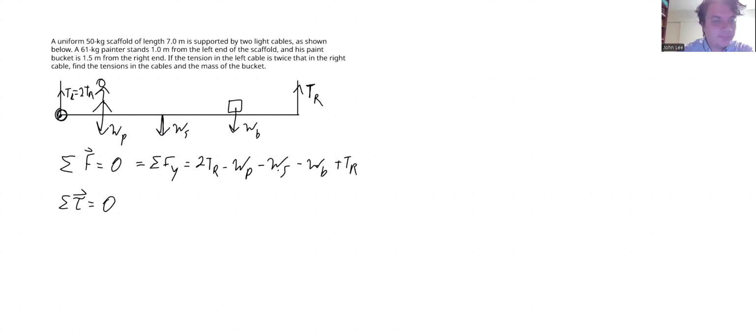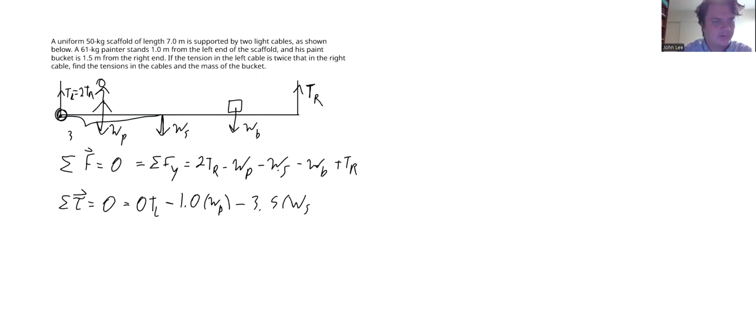The torque, however, is going to be compared to 0 times T left, minus 1.0 meter times the weight of the person, minus 3.5 meters times the weight of the scaffold, because that is the distance between the center of mass and the start of the scaffold.